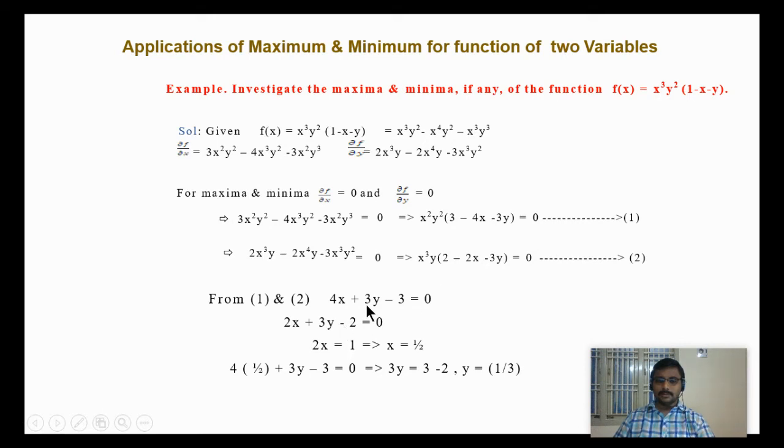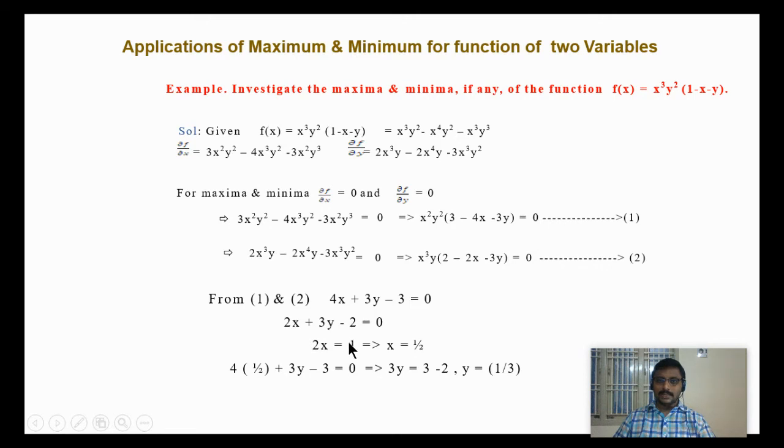So just substituting the values or solving these equations by multiplying the second equation with 2 and subtracting, we will have y value, and then substituting in any one of the equations we will get x value. Or just by subtracting the equations we will have 4x minus 2x is 2x, 3y gets cancelled, negative 3 plus 2 is negative 1.